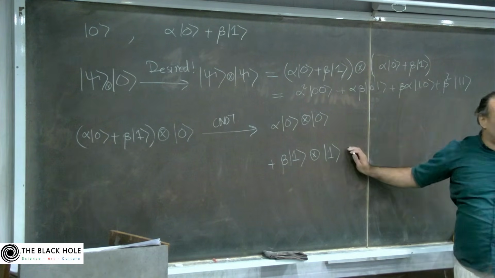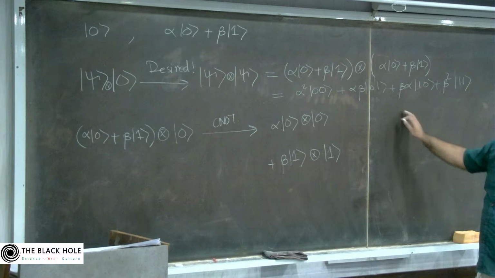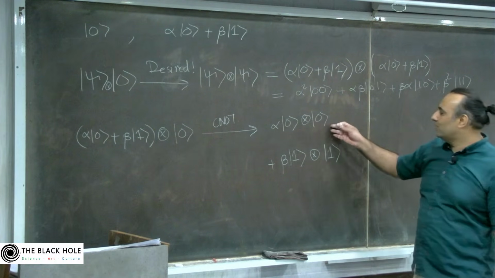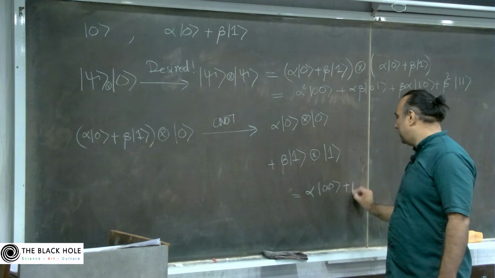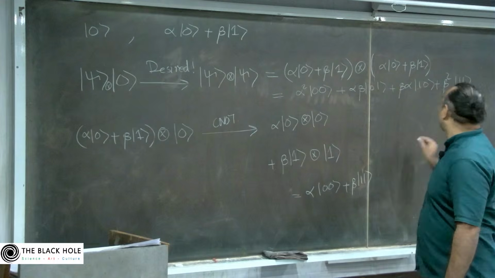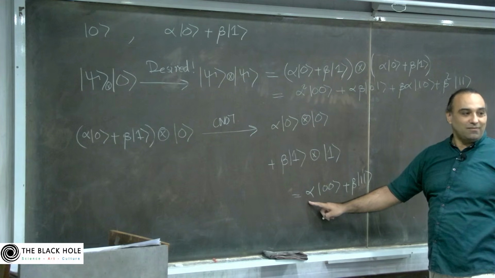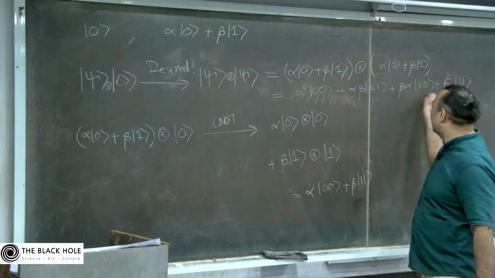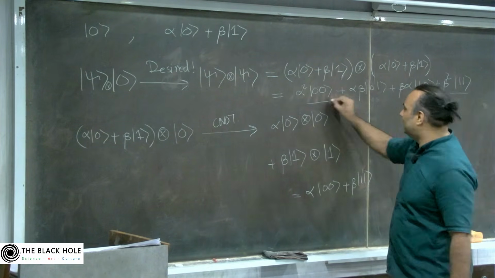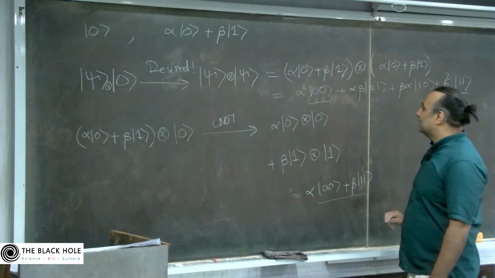We got this with that kind of operation, and it's clearly different. This is 0 0, so this is basically alpha 0 0 plus beta 1 1, and this is not alpha square, I mean like that even in these two terms. So these two terms, even those are different from this.